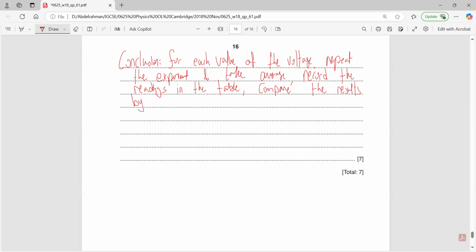By drawing a graph. That's it, this is the conclusion. For each value, repeat and take the average, then record these averages in the table, and then compare the results by drawing a graph. Okay? Good.